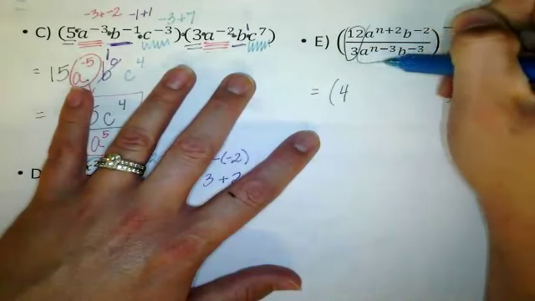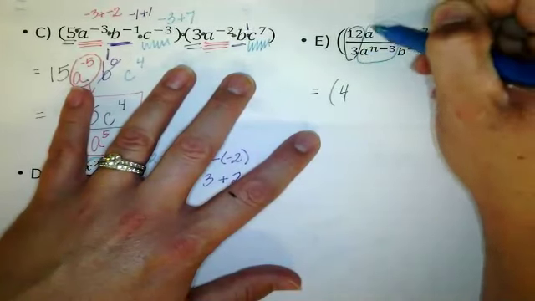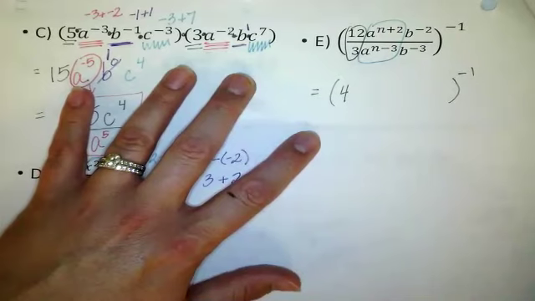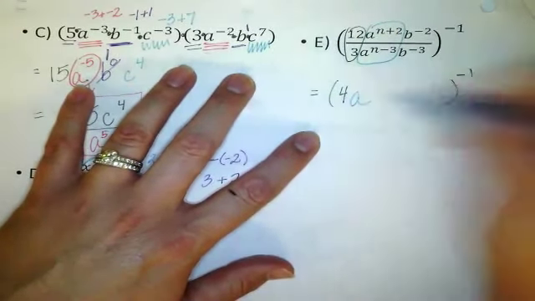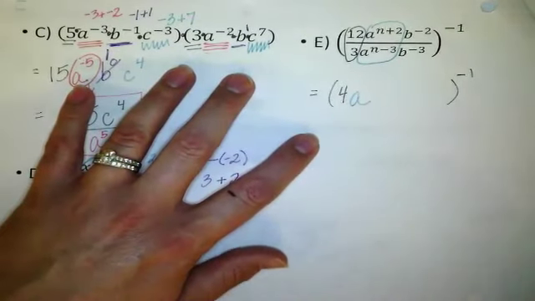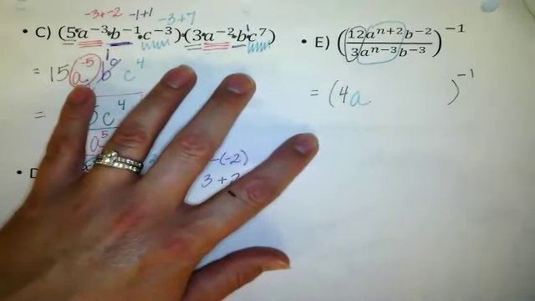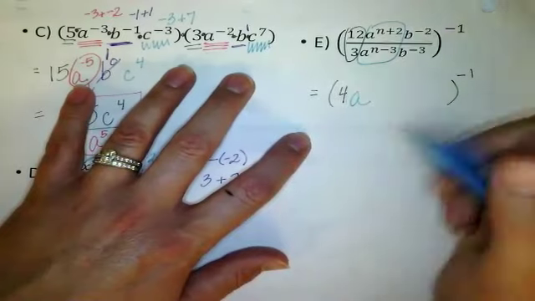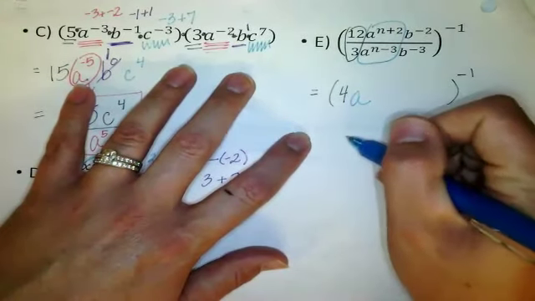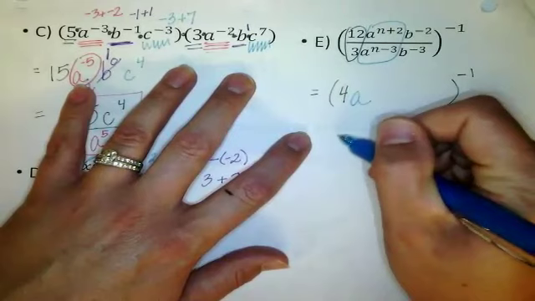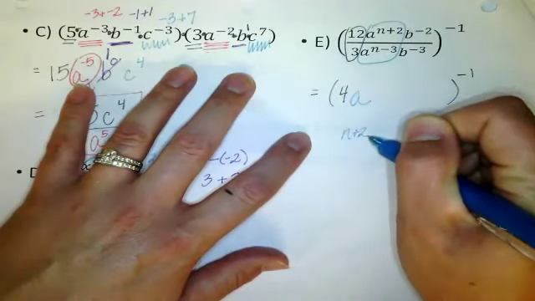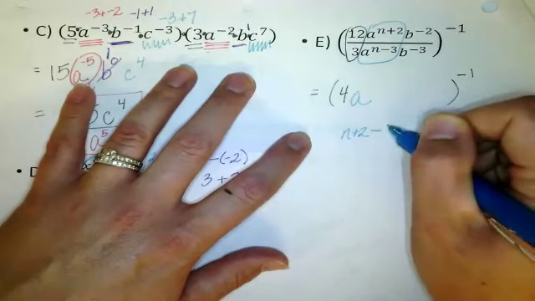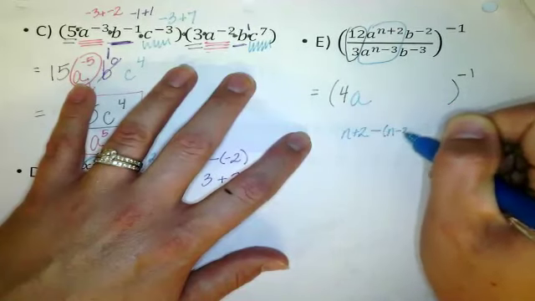Then I have a to the n plus 2 over a to the n minus 3. They have the same base of a. So what are we going to do with those exponents? Subtract them, yeah? So how do we do that? Write it down. Okay, so good idea. So that would be n plus 2 minus n minus 3.